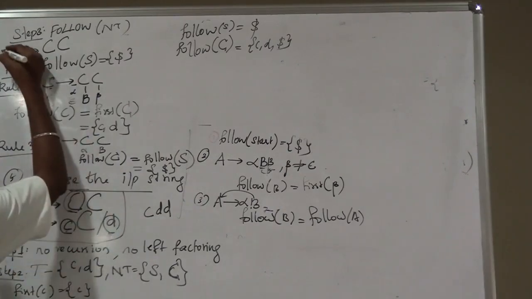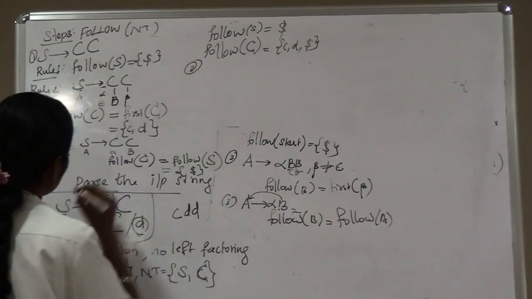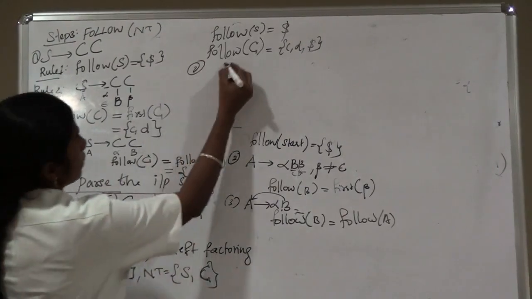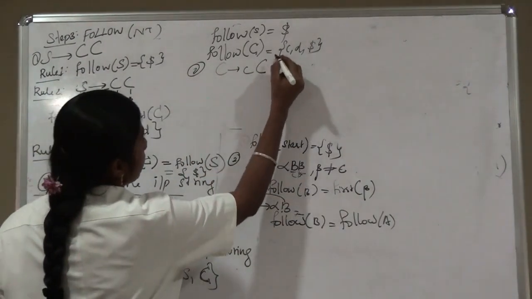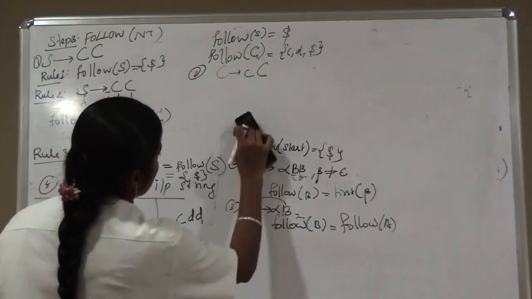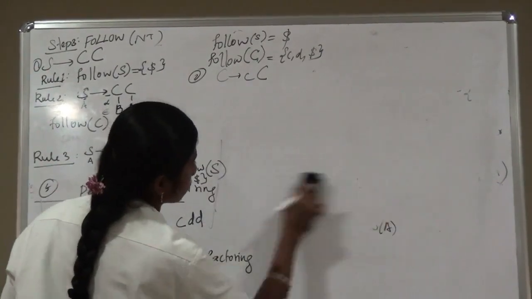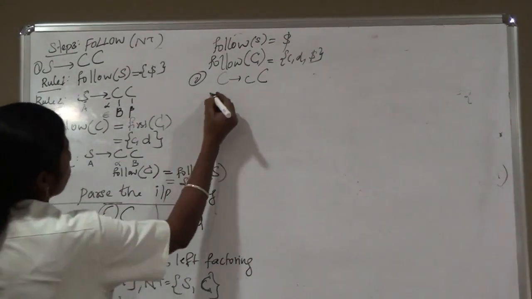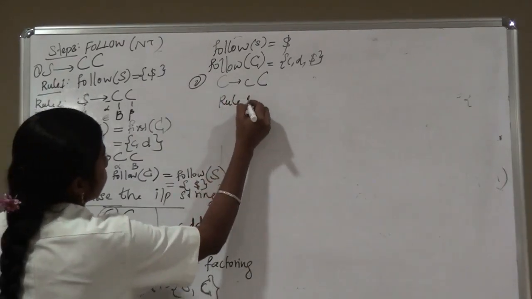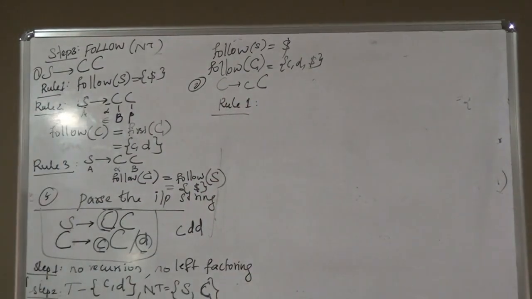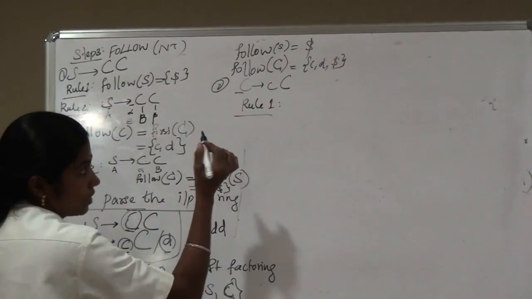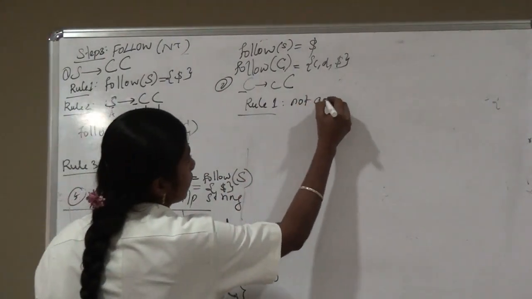Come for the second production. Second production you have C derives small c capital C or D, right? So take this and apply the rule. Rule 1 is applicable only for the start symbol, so since it is not the start symbol, rule 1 is not applicable.